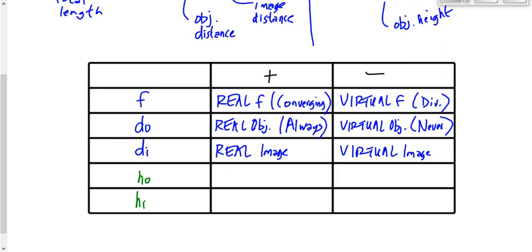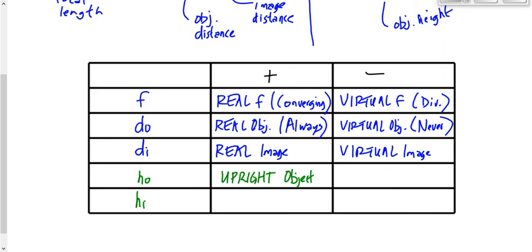Do is positive if the object is real. Ho is positive if the object is right side up, then the object height is a positive value.